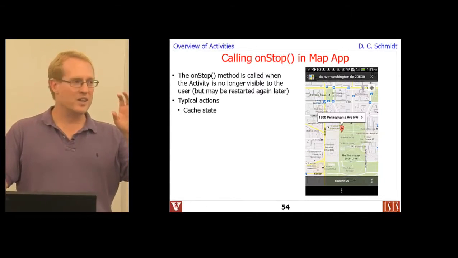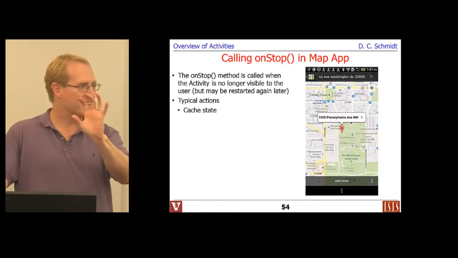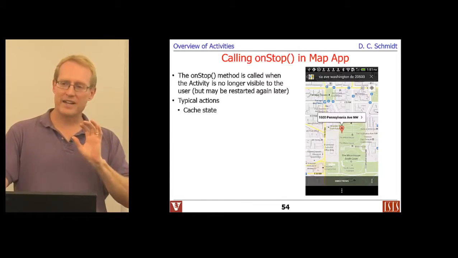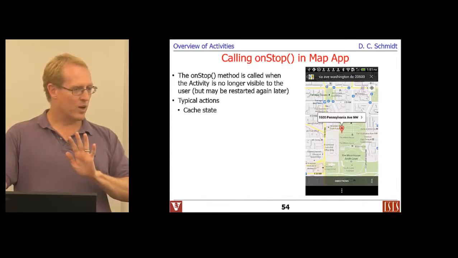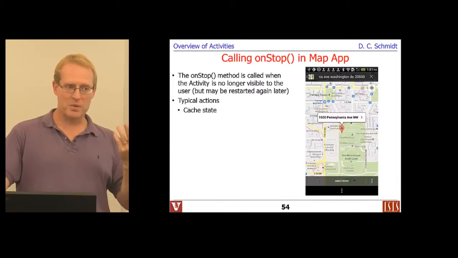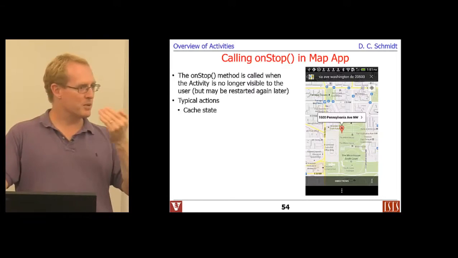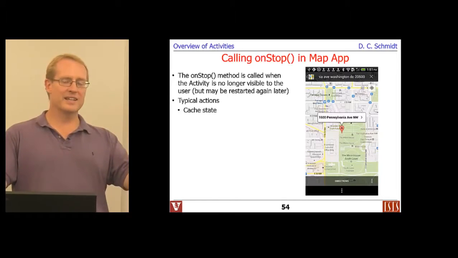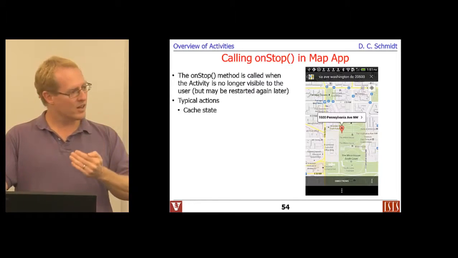So you want anything else the user had been doing at that point to remain exactly the same way, so when it comes back, then you have the state redrawn the way it was before. And as you might expect, onStop is typically paired up with onStart, and onPause is typically paired up with onResume.